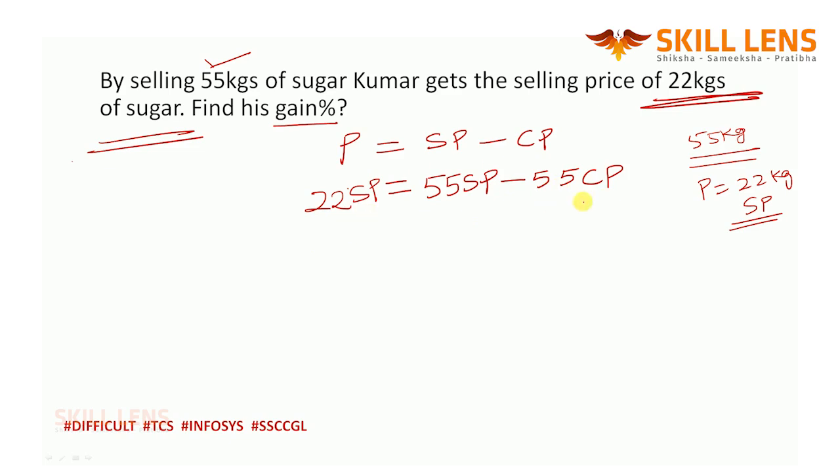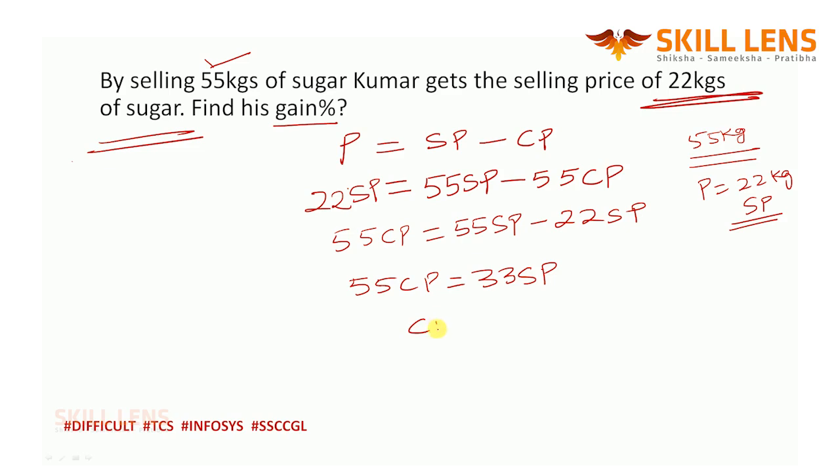Then rearrange the situation. So, can I conclude this question? If you rearrange it, 55 CP is equal to 55 SP minus 22 SP. So, 55 CP is equal to, can I write, 33 SP?